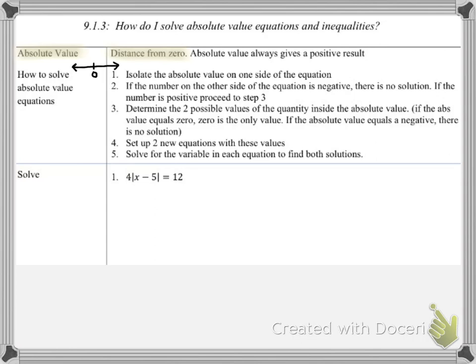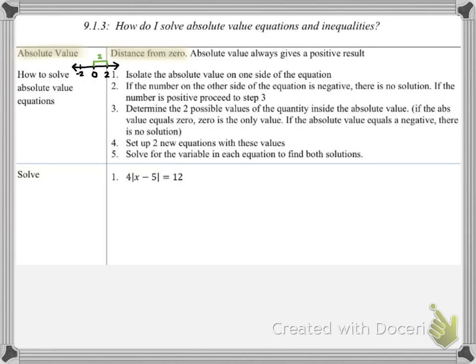Well, the obvious one is positive 2. From 0 to 2, that distance is 2. But we also have another number that is 2 units away from 0. It just so happens to be to the left of 0, and that's negative 2.